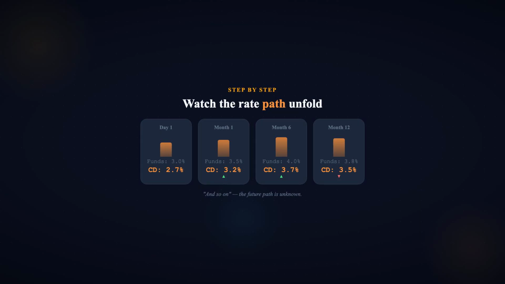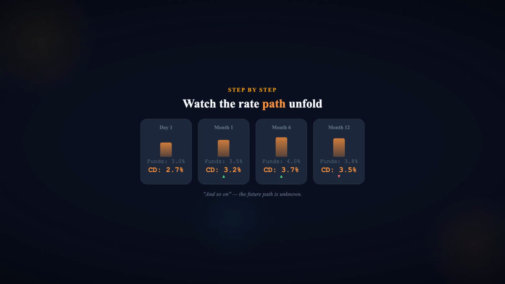After 6 months, the federal funds rate has climbed to 4%. Your CD rate is now 3.7%, higher than when you started. You are earning more interest per month than you were at the beginning. Then, after 12 months, the central bank pauses and the rate dips slightly to 3.8%.